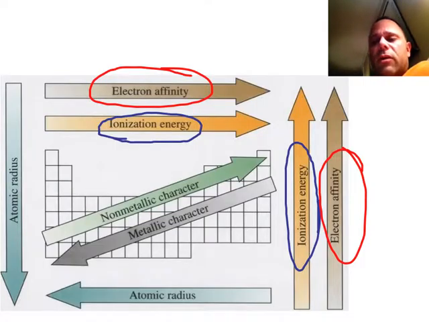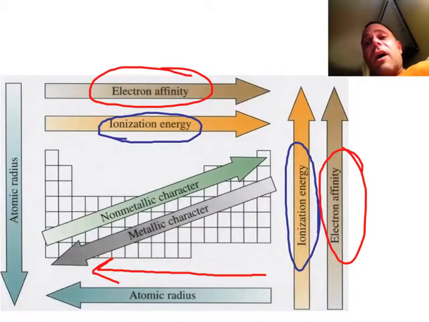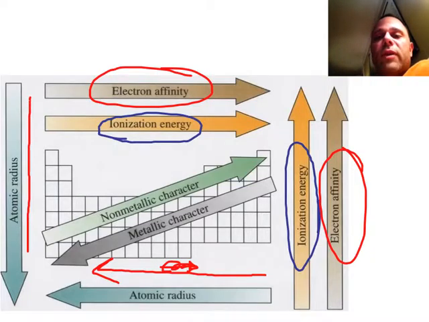Now, as far as the radius goes, we found that as you move to the right, it decreased. So we do know that as you move to the left, the atomic radius increases. And we also found that as you move down the group, because you're adding more energy levels, therefore adding more electrons on a higher level, further away from the nucleus, the atomic radius increases.